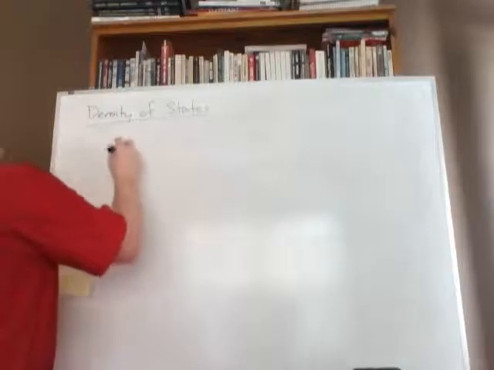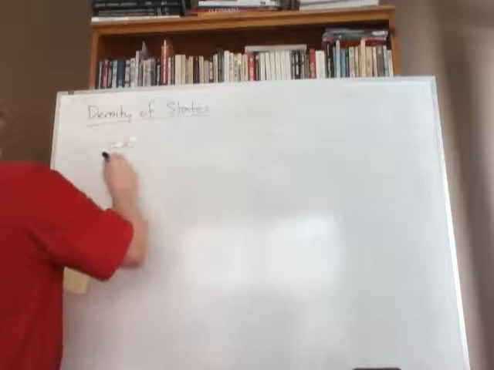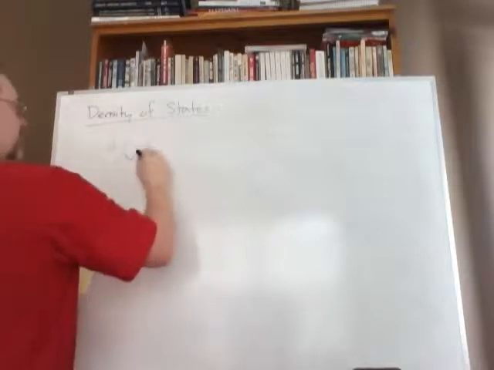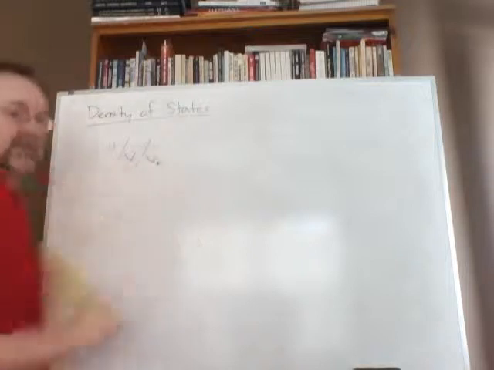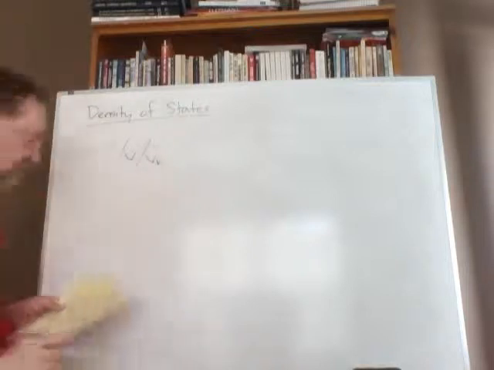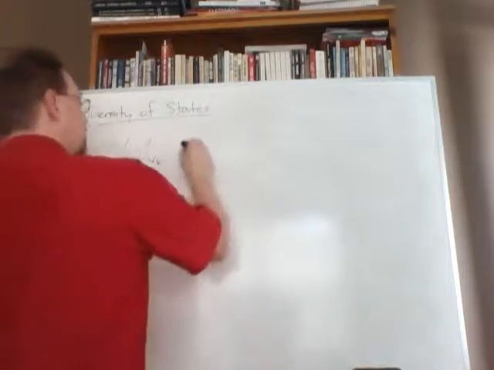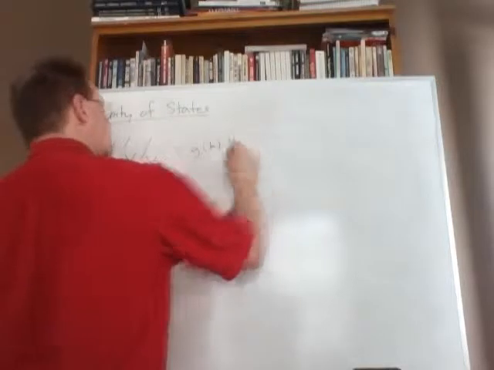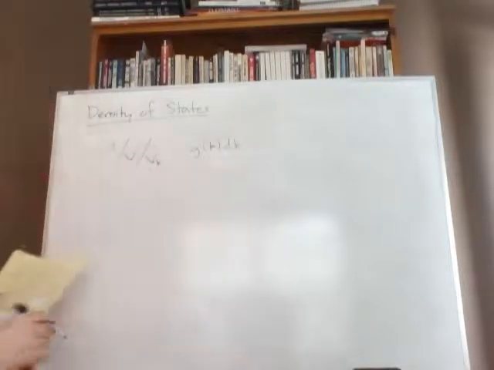So we're looking for the number of states per unit volume in regular space per unit volume in K space. And this is going to be g of k dk.